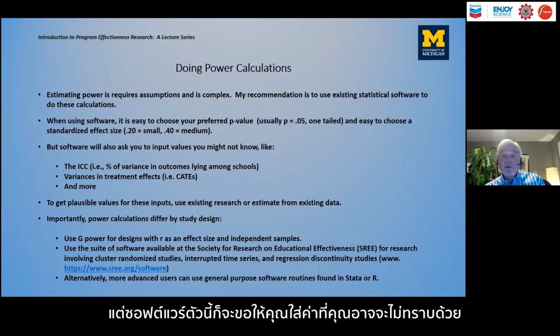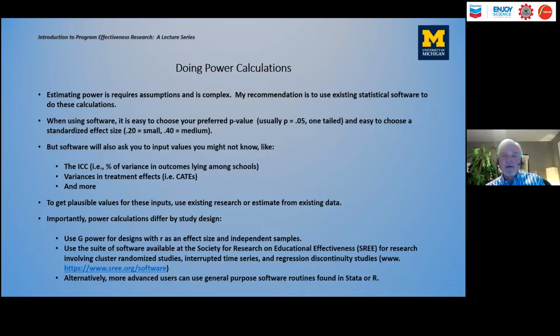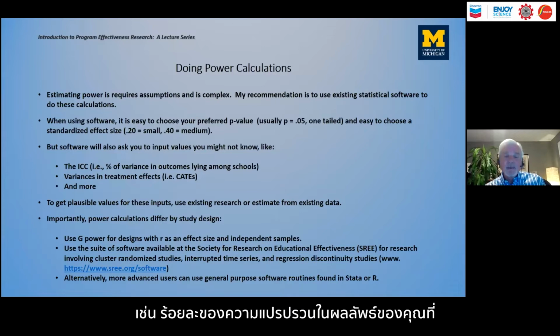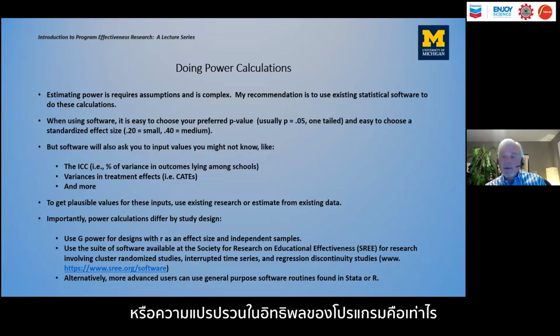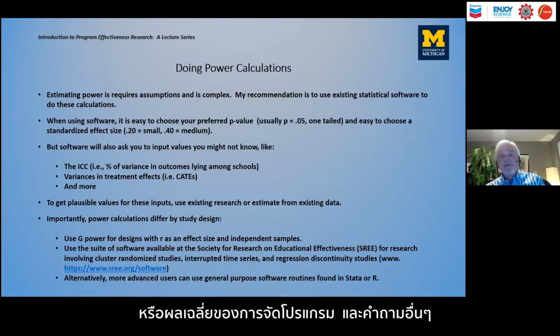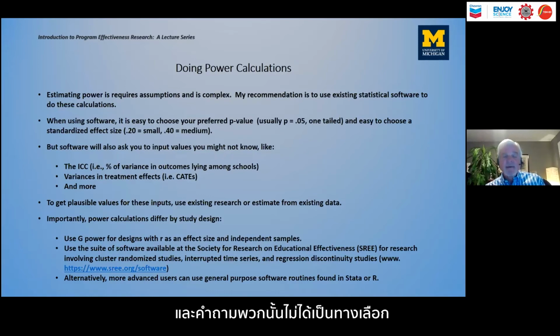But the software is also then going to ask you to input values you might not know, like what is the percentage of the variance in your outcome that lies among schools? Or what are the variances in treatment effects? Are there conditional average treatment effects, and more? And those questions are not matters of choice, they're matters of empirical fact.